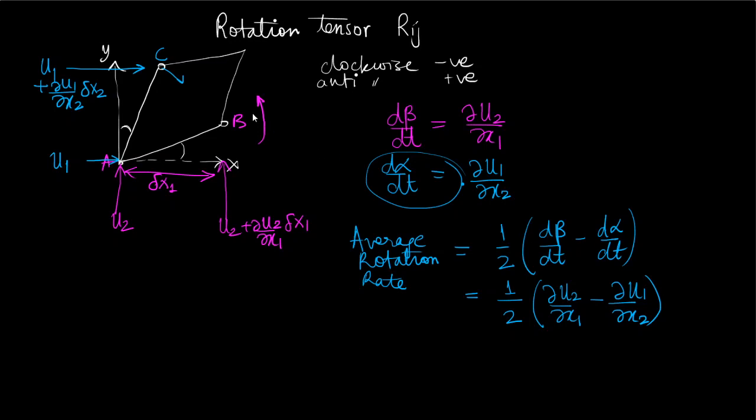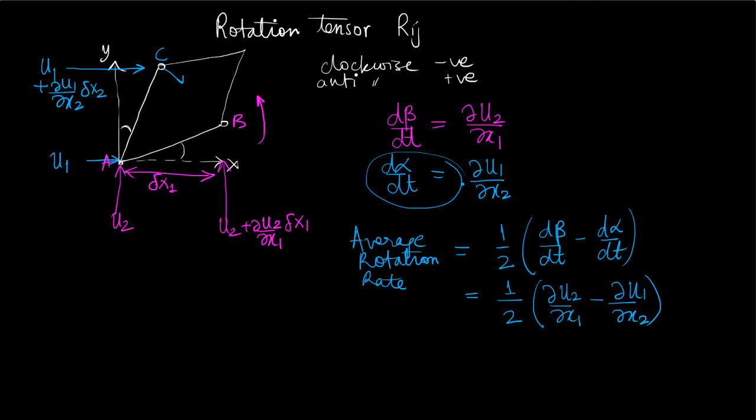So it is like the rotation rate of this entire element. If d alpha dt were 0, then it's like how this element tries to rotate as a solid body. But apart from this, it also suffers a deformation, and we've already seen the expression for deformation.